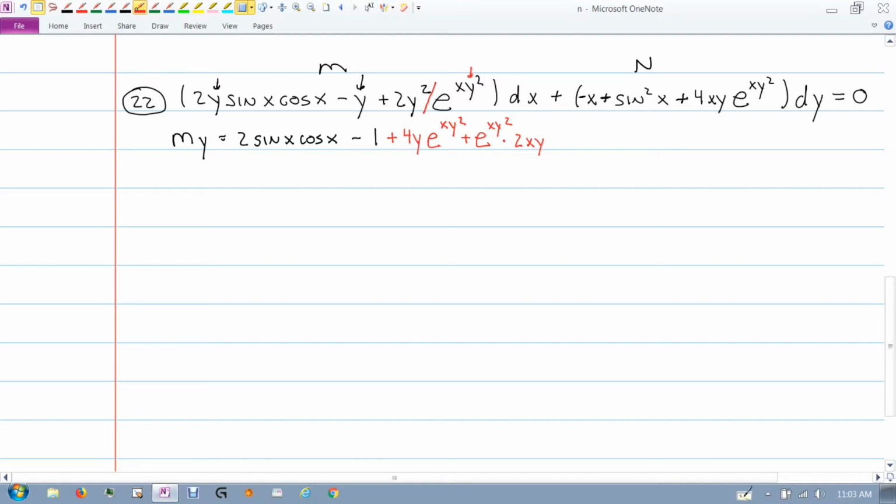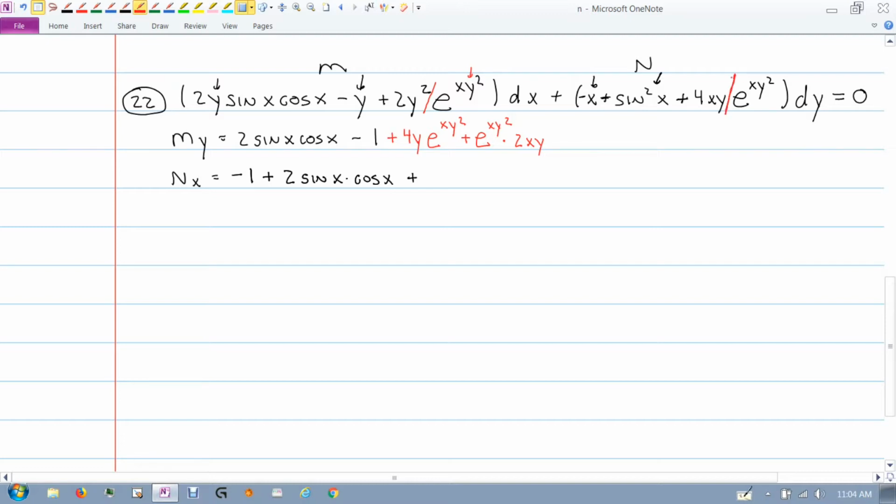Now let's take a look at the partial of N with respect to x. Okay, so derivative of that is just negative 1. And derivative of sine squared x is 2 sine x, that's power rule, times the derivative of sine, which is cosine. Okay, got that. And then plus, over here, again, we have a product rule.